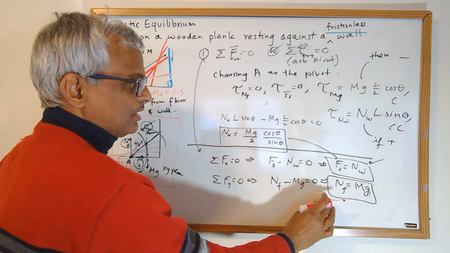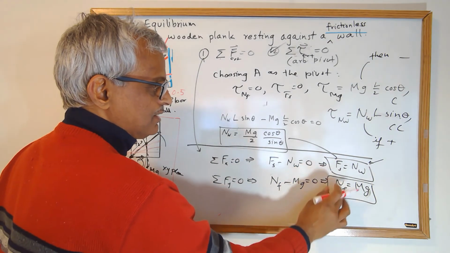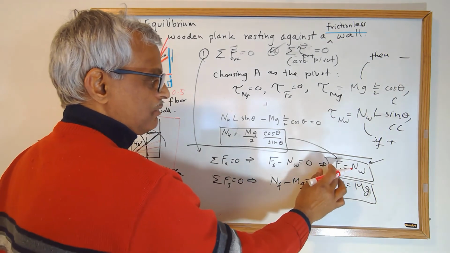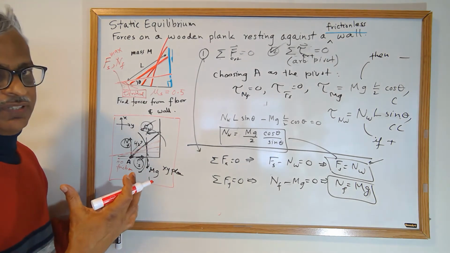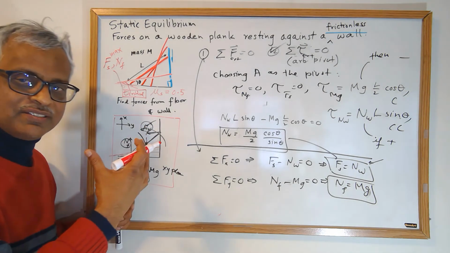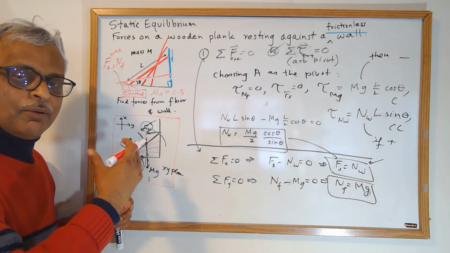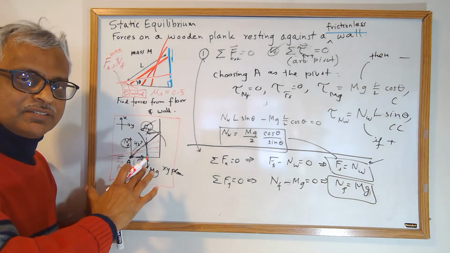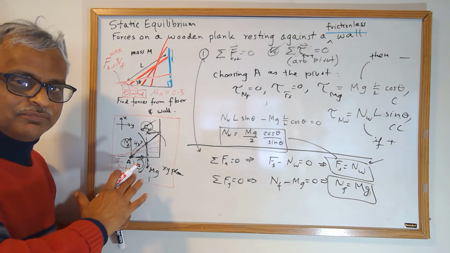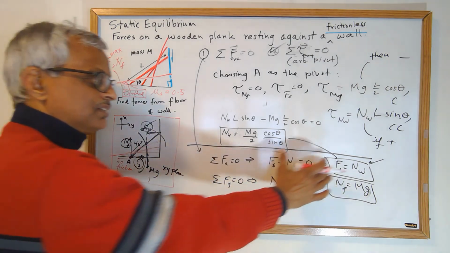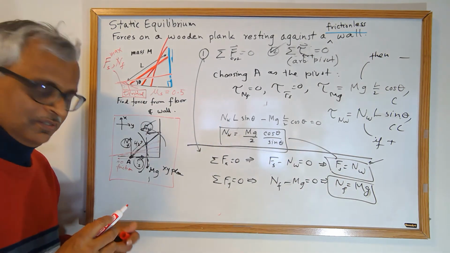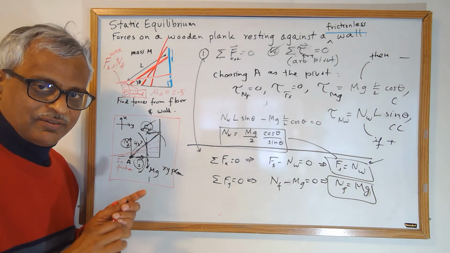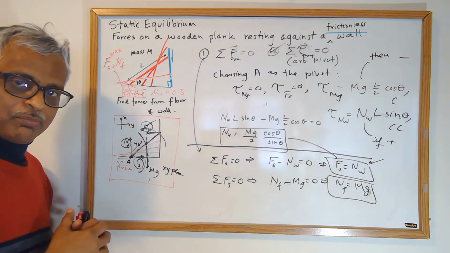Over here, these guys are independent because I wasn't using all of the friction that would be possible. I was using whatever friction is needed to balance all the other things that are going on. Here it just happens that friction just balances NW. Okay, I hope you can do this other problem.